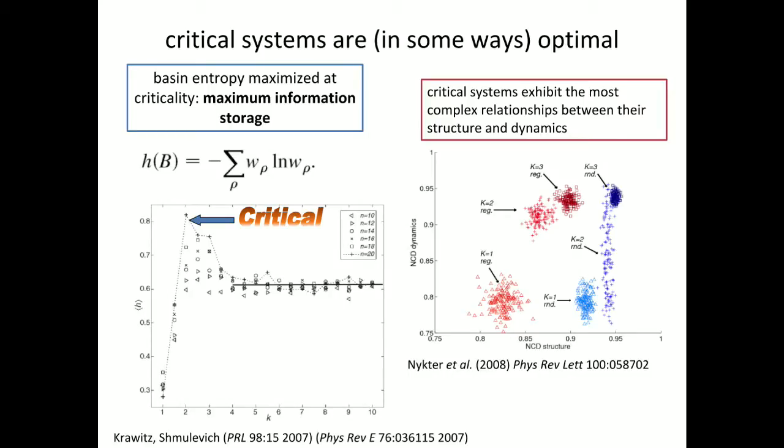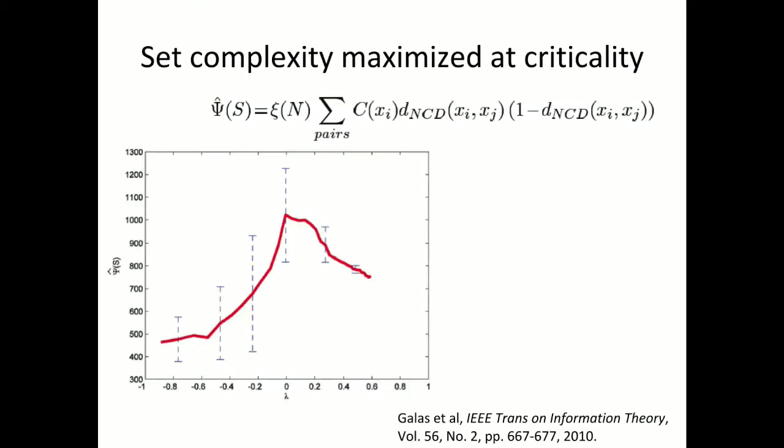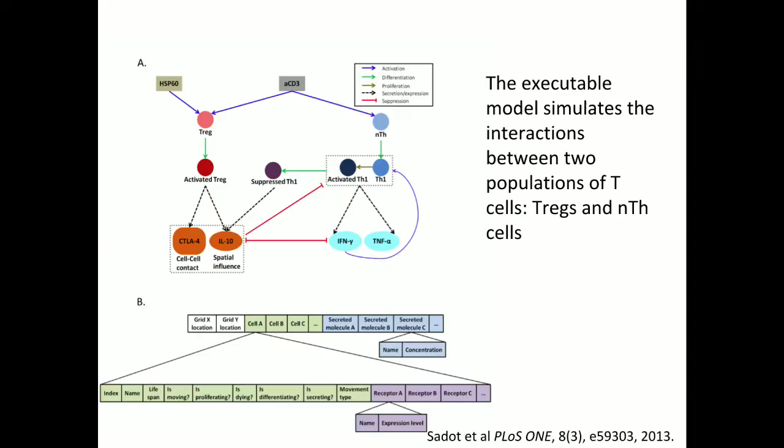Whether you're ordered or you're chaotic, you're very much constrained. But if you're critical, you can have very different types of dynamics. Okay, so there's a type of diversity that it affords. And very quickly, there's another measure called set complexity, which we introduced, and we showed that the set complexity is also maximized at the critical regime, so I won't dwell on this.